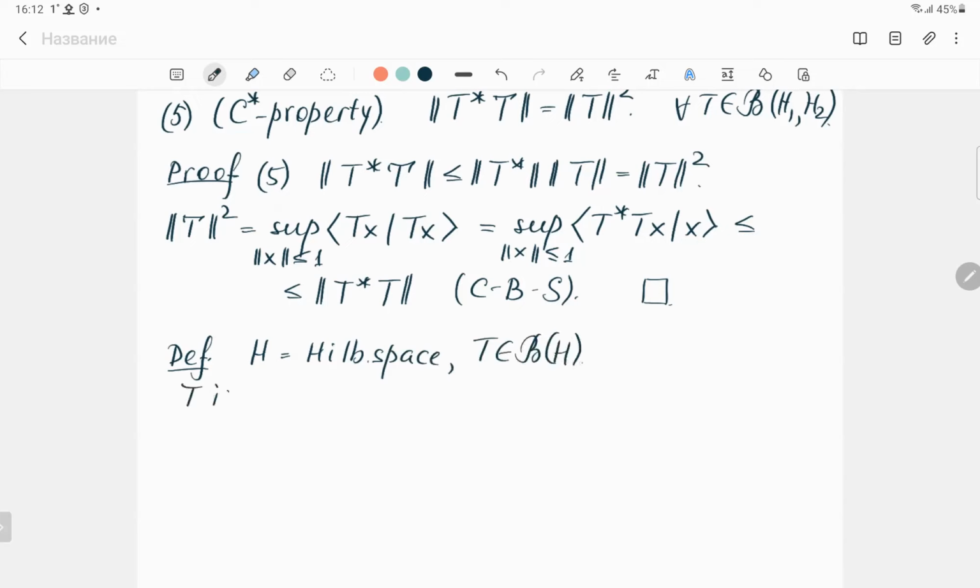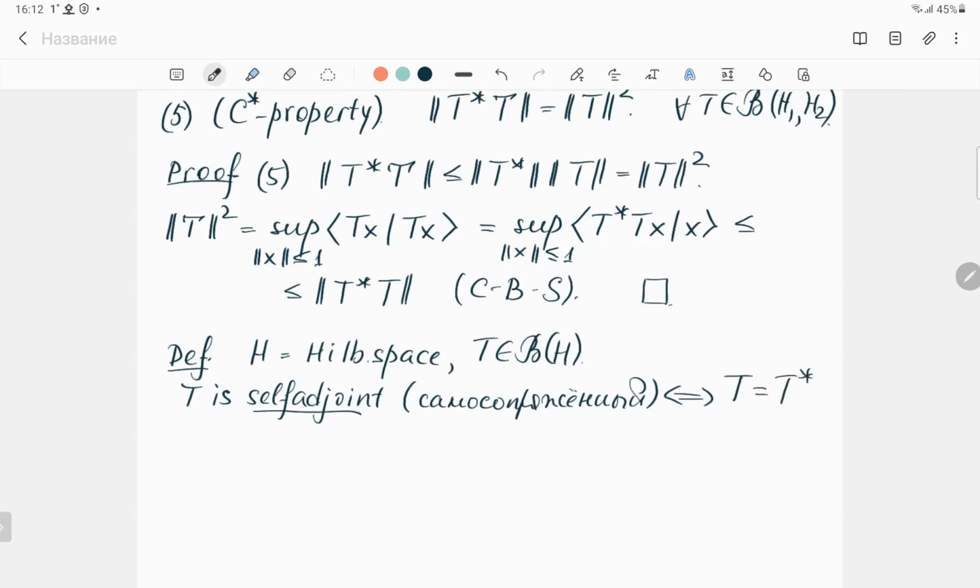Now we say that T is self-adjoint, in Russian самосопряженный, if T equals T star. Or explicitly, by proposition 1, this means that the inner product of Tx and y equals the inner product of x and Ty for each pair of vectors in our space.